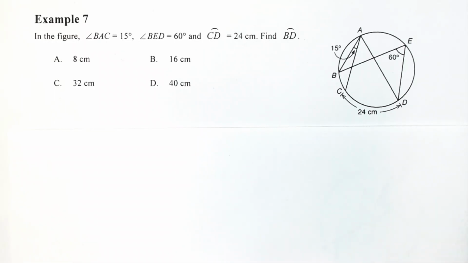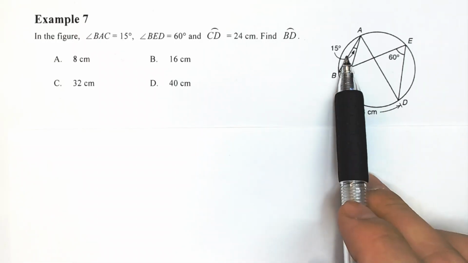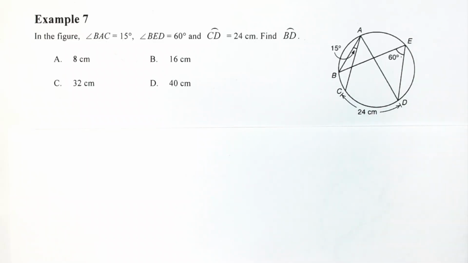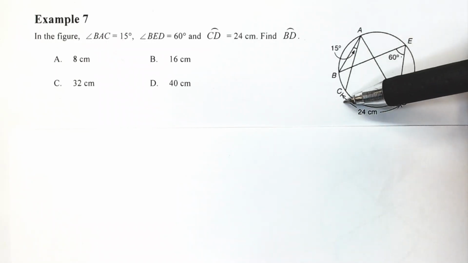Now example 7. You are given two angles, 15 and 60 degrees, and they are both angles at the circumference. So the corresponding arc lengths are of ratio 1 to 4, or 15 to 60. The corresponding arc lengths would be BC and BD here.